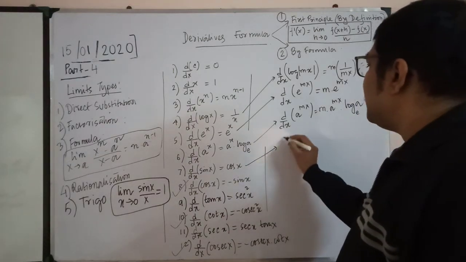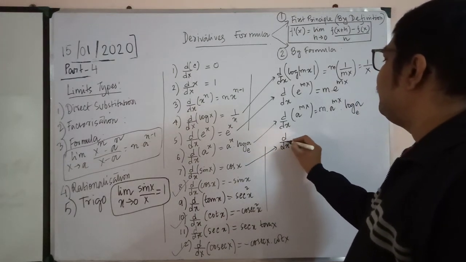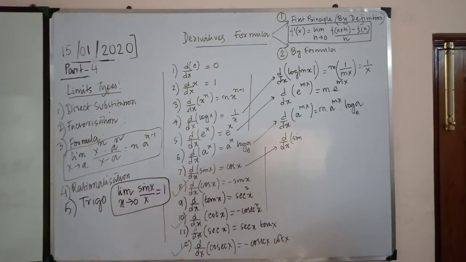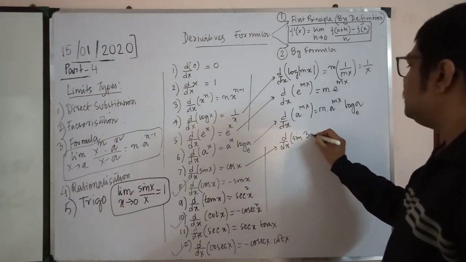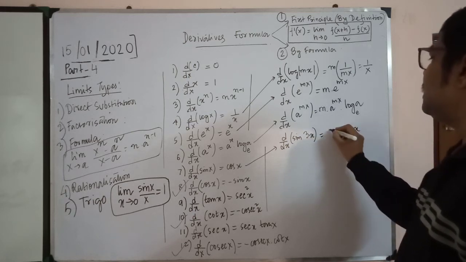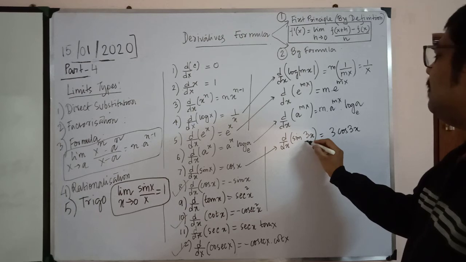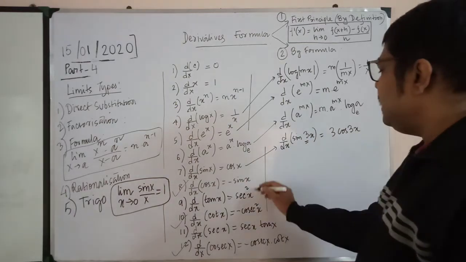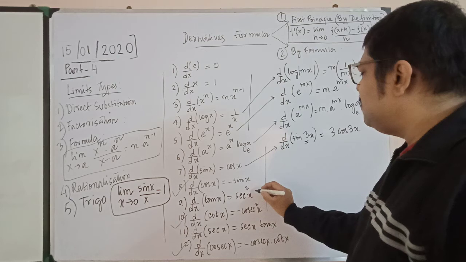For this also the same thing. Now I'll take a value to show you, that will be more realistic. If it is sin 3x, then this will be cos 3x only with a 3 outside. Here the value of m is 3. Any of these formulas are valid.